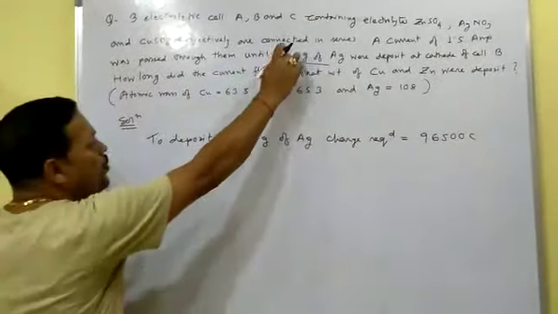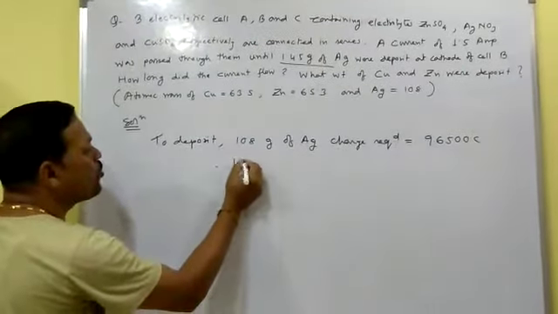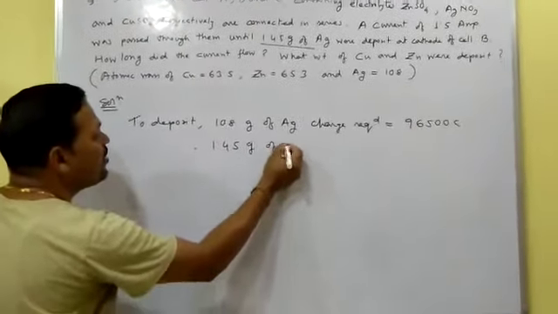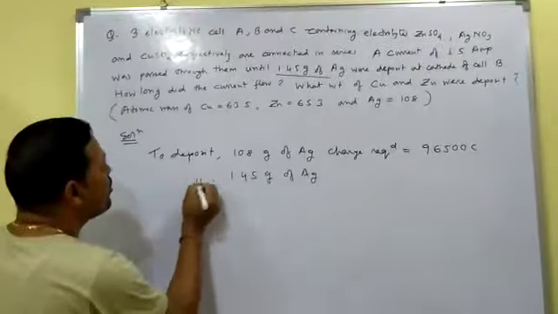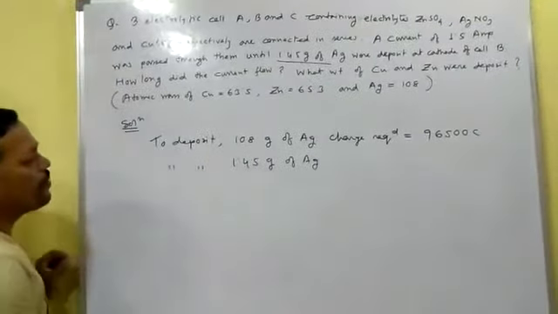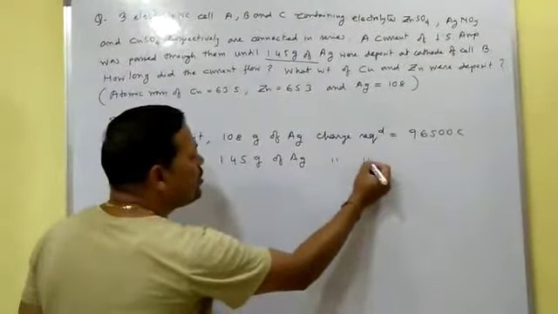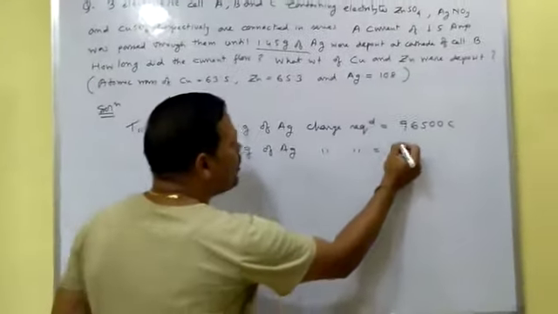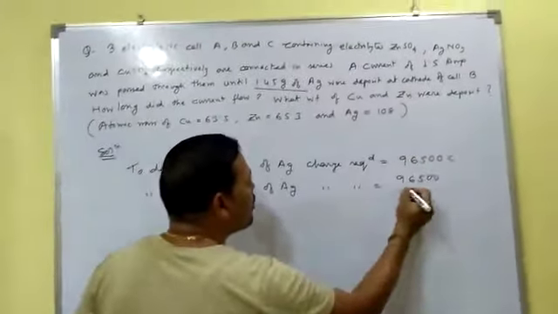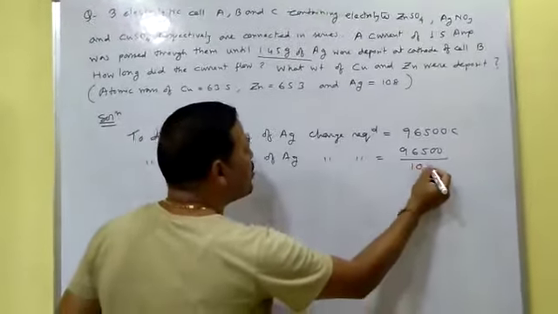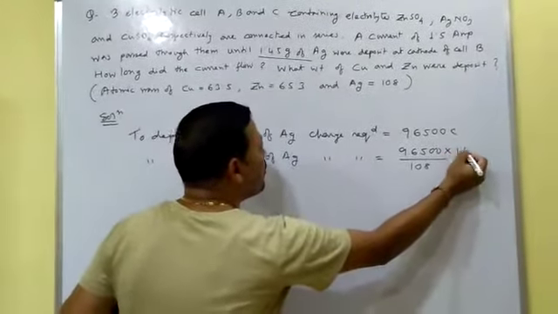Now how much have we deposited? Only 1.45 gram. Therefore, to deposit 1.45 gram of silver, the charge required will be equal to 96500 divided by 108 multiplied by 1.45.